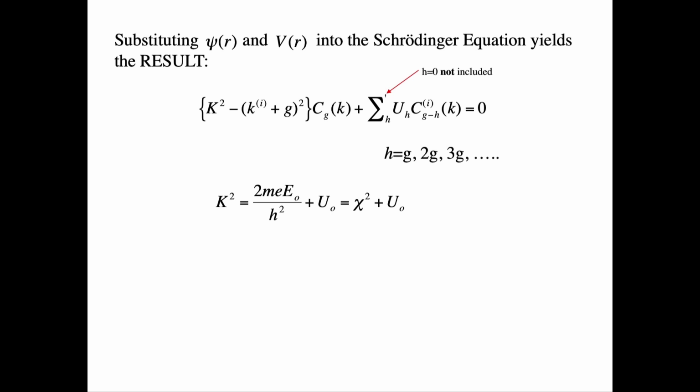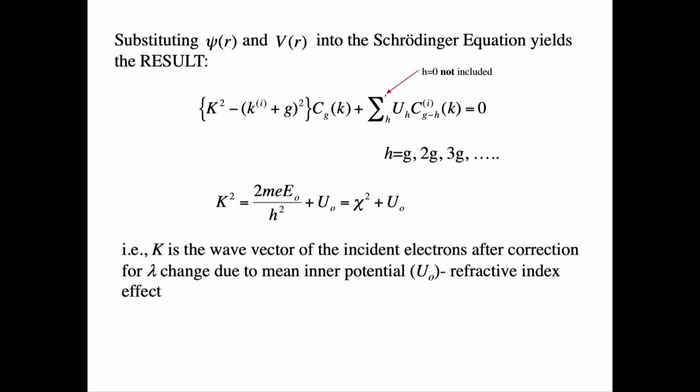Remember, chi was the wave vector outside, plus this, and this is the mean inner potential as the electrons enter the sample. So it's like a refractive index effect. So k is the wave vector of the incident electrons after correction for lambda due to the mean inner potential, right, that U0. And so it's a refractive index effect.